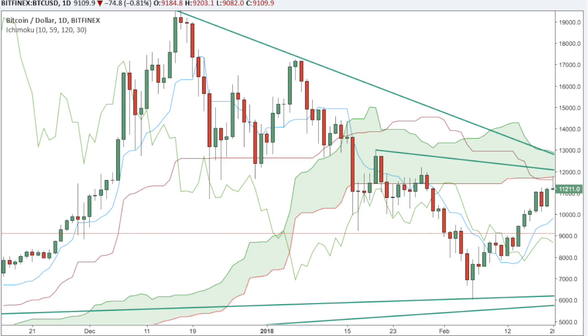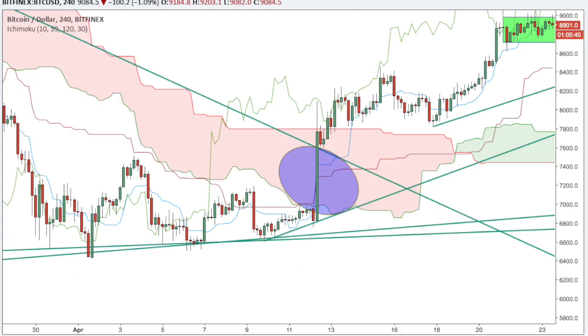Now, one of the big things that I look for with the Ichi Cloud is the TK cross. The TK cross is when the Tenkan and the Kijun lines cross. The Tenkan is the blue and the Kijun is the red.